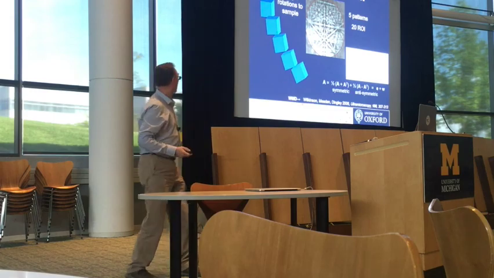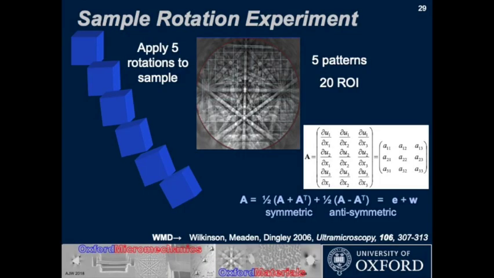How well does it work? Well, another simple experiment that we devised early on was, well, let's go back to our boring bit of silicon, and now let's use the SEM stage just to rotate it a little bit. Can we measure that rotation? So this is a schematic saying, well, we start with some reference condition.